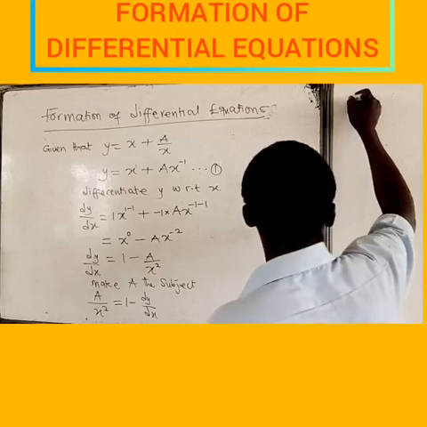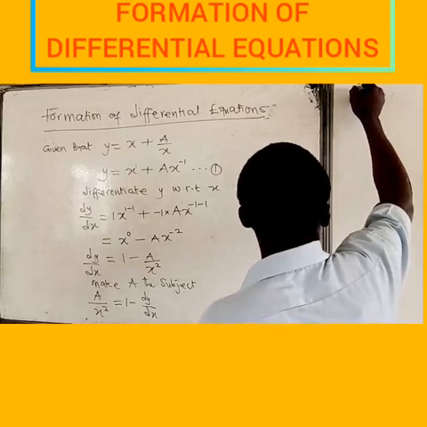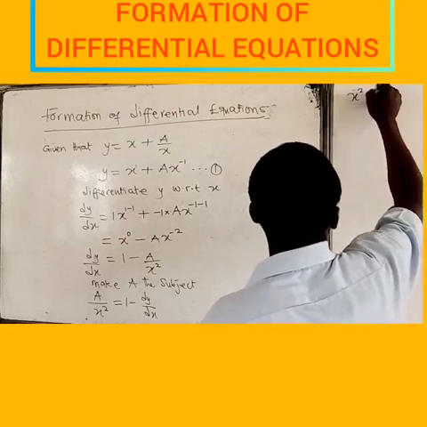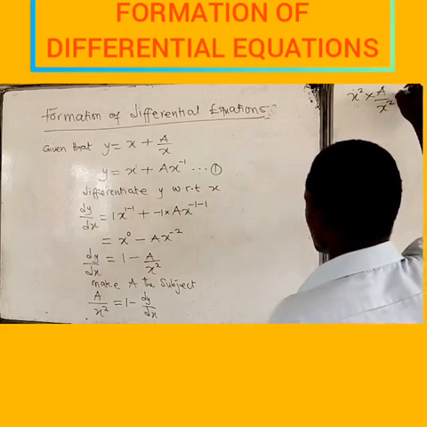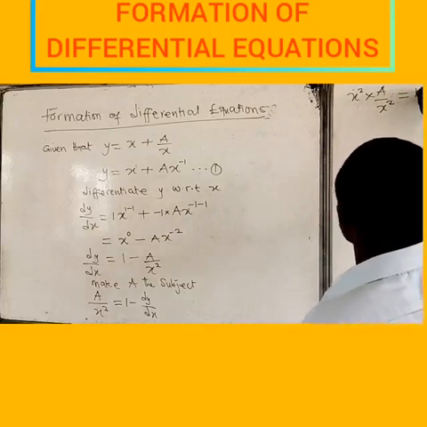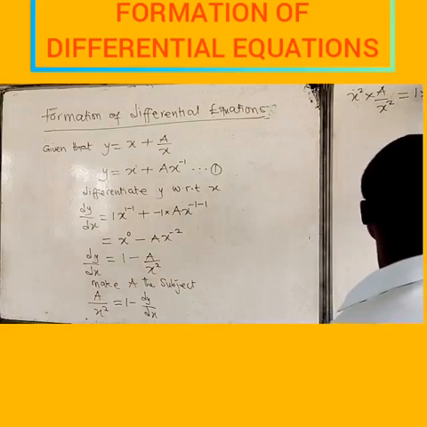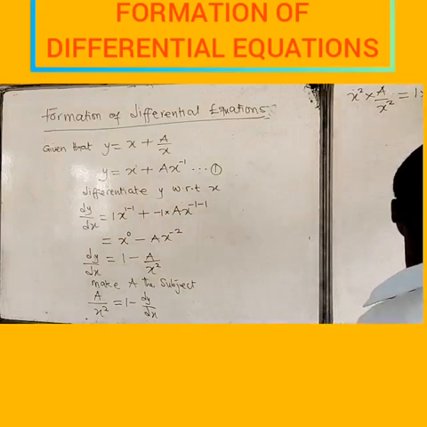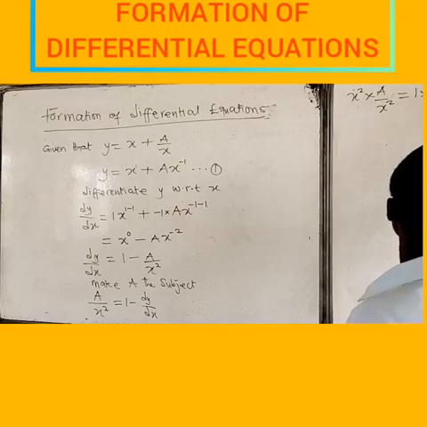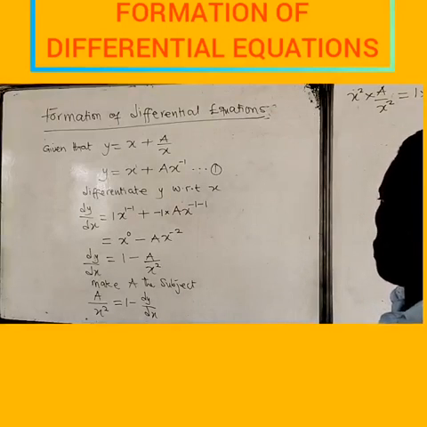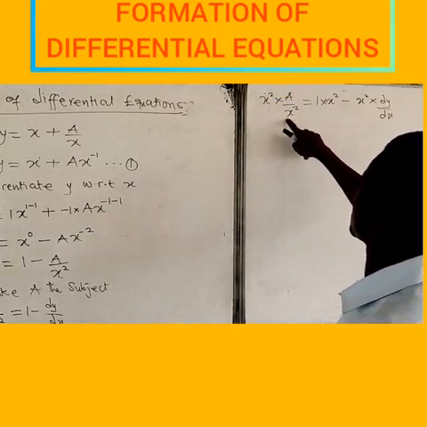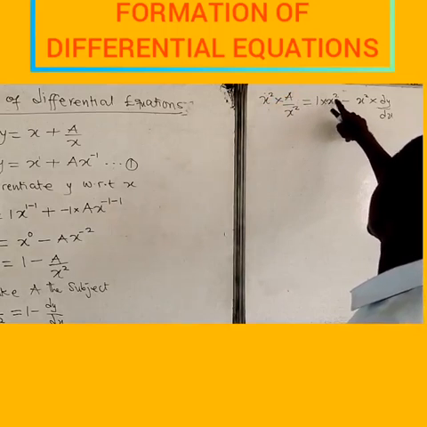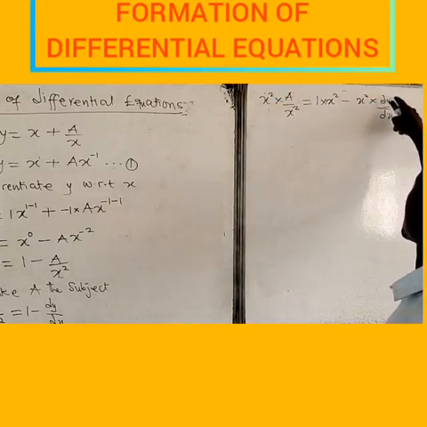Multiply both sides by x squared, and we will get x squared times a over x squared equal to 1 times x squared minus x squared times dy dx.